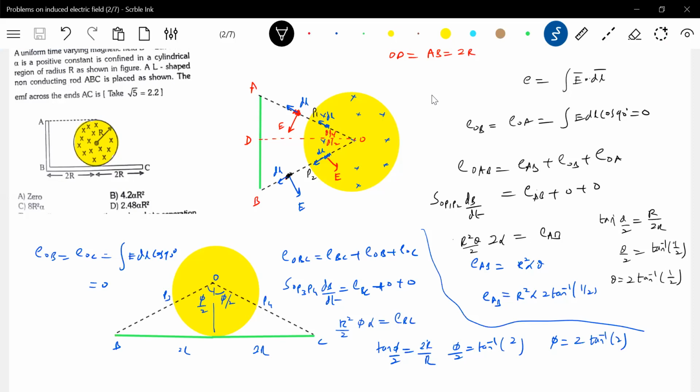Yeah, what will be that one? No, angle DO and the center of BC. No, phi I got 2 tan inverse of 2 that one. Is it okay? If I'm right, okay, I'll proceed further. With available simple geometry is what I proceeded. Sir, correct only, sir. It will correct only, no?